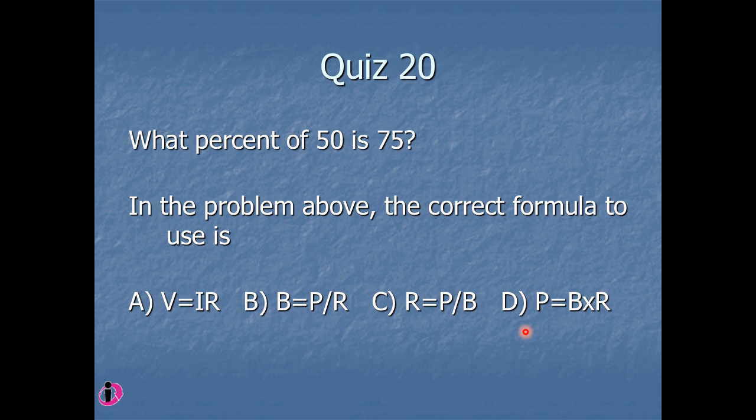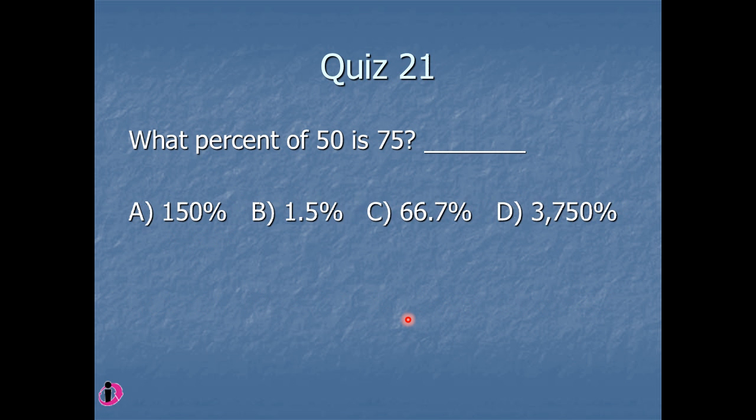Let's try the formula. So which formula should we be using? Of course, C, right? That's the formula for rate, and the rate is isolated here on the left side. So R equals P over B. If we use the formula, what would be the answer? P over B, right?